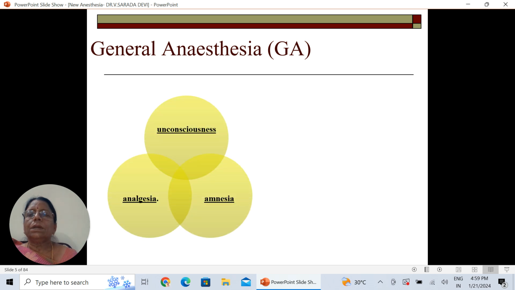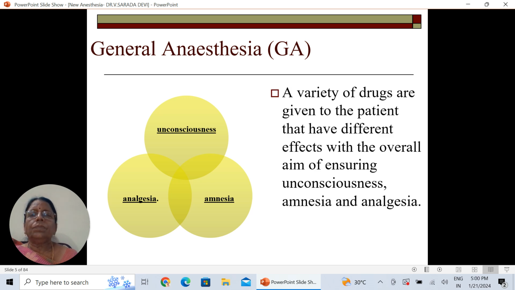General anesthesia consists of unconsciousness, analgesia, and amnesia. A variety of drugs are given to the patient that have different effects, with the overall aim of ensuring unconsciousness, amnesia, and analgesia.